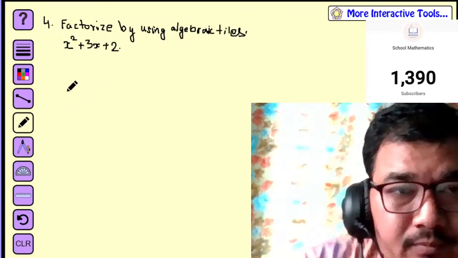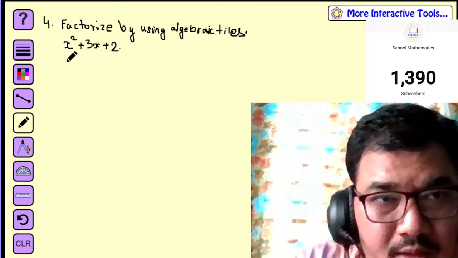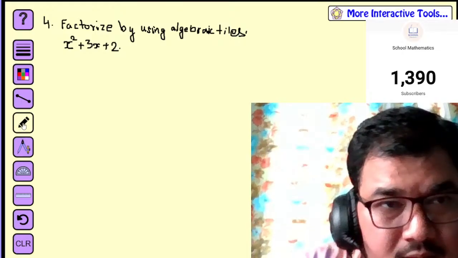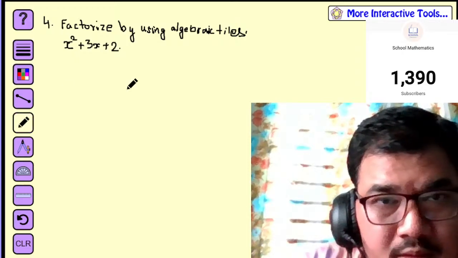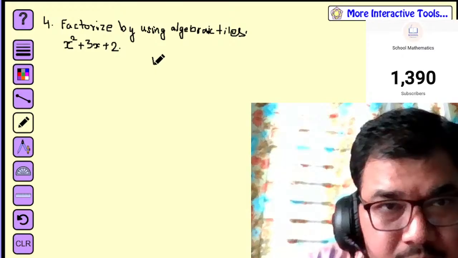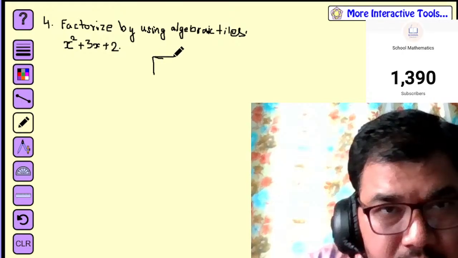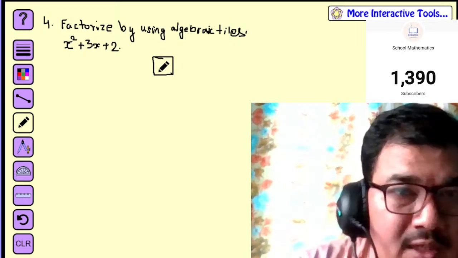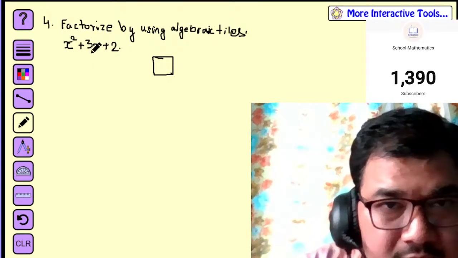Look here children. How many square tiles we have to use? We have to use one big square tile. And how many rectangular tiles?